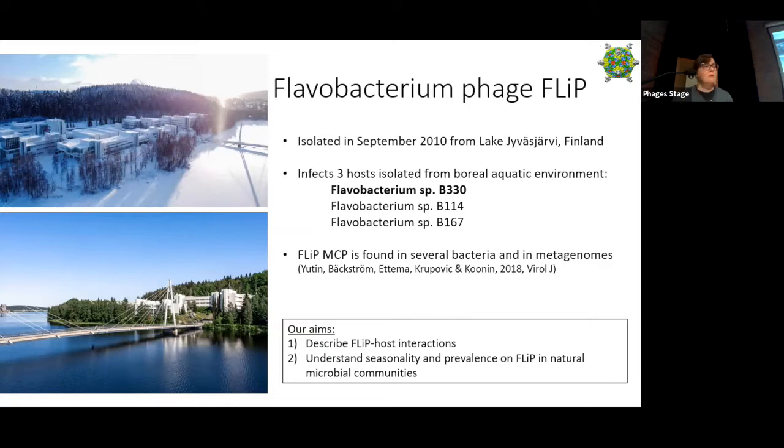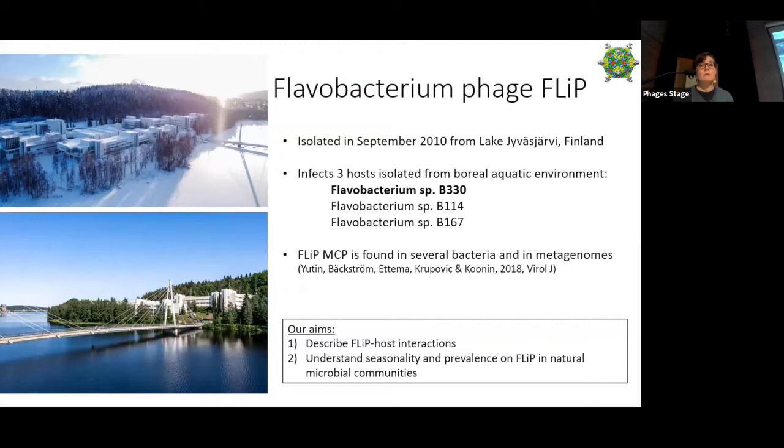But in my lab, we have been studying how different culture conditions, for example, temperature and oxygen level, influence Flip interaction with these different bacterial hosts. And this is, of course, important, as I mentioned in the beginning of the talk, that we have quite wide differences in the seasonal conditions in Finland.